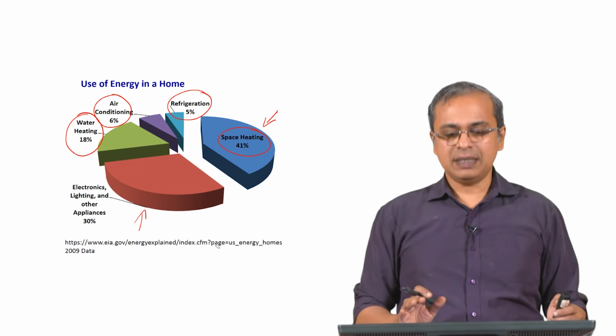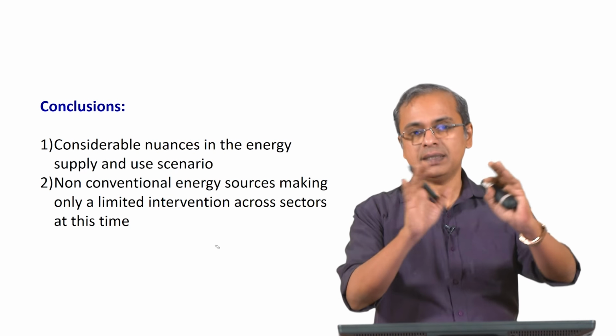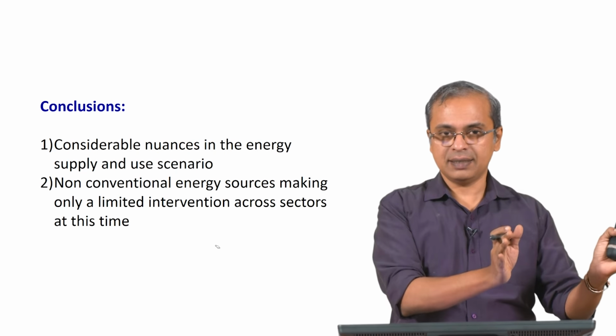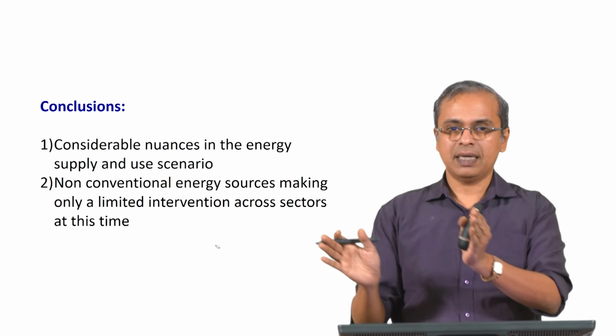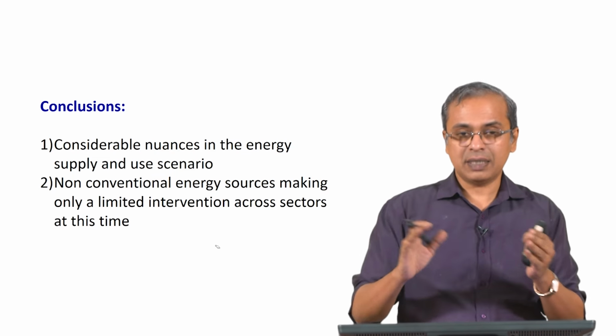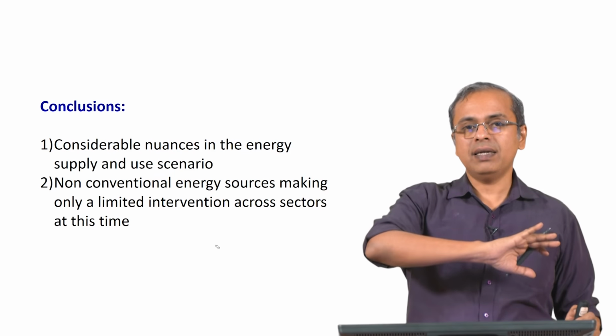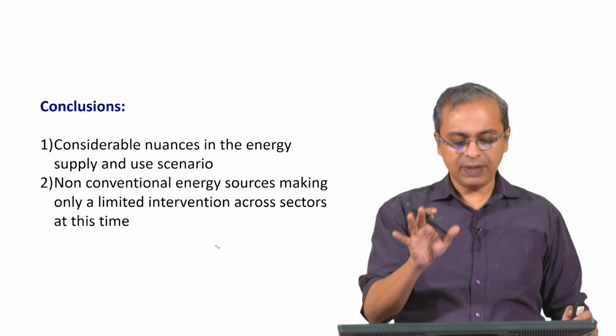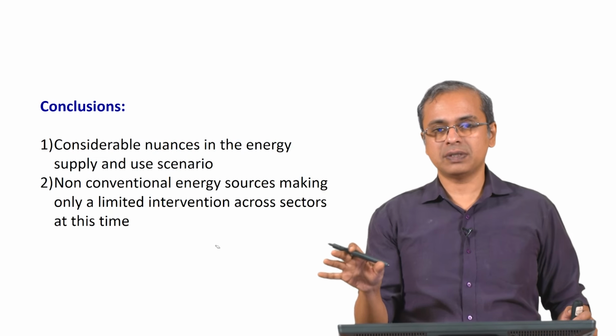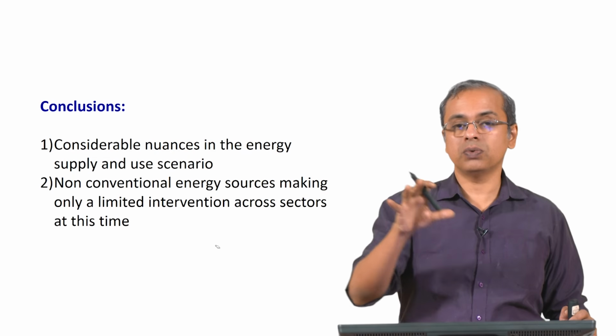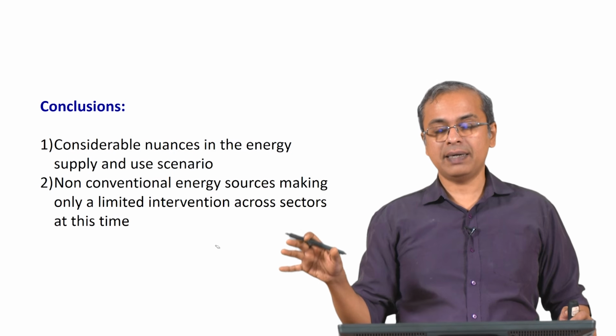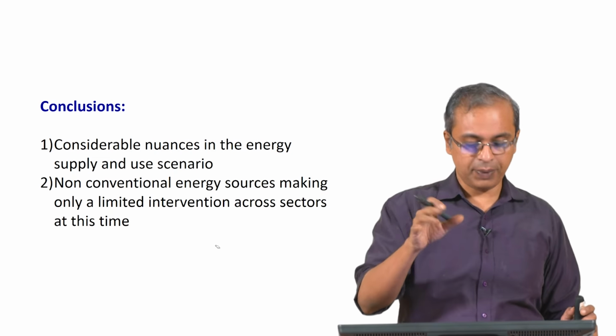So broadly, what have we seen? We have seen here the three major sectors of energy usage: the industrial sector, the transportation sector and the household sector, or the residential sector. And we have seen a lot of detail in what is happening in each of those sectors in terms of where the energy is being used, how the energy is being supplied, and what form of energy is being supplied to it.